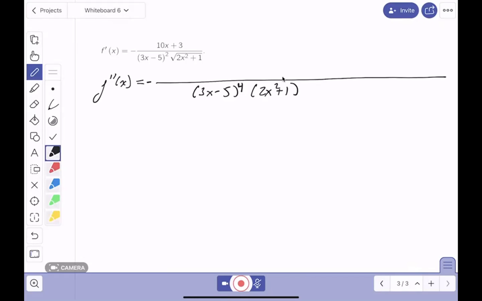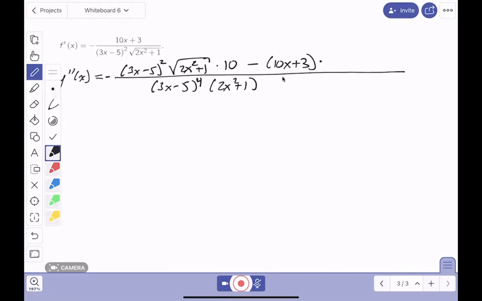Take the bottom to the top and leave it alone. It's work, though. I know that. Times the derivative of the top, 10 minus the top times the derivative of the bottom.